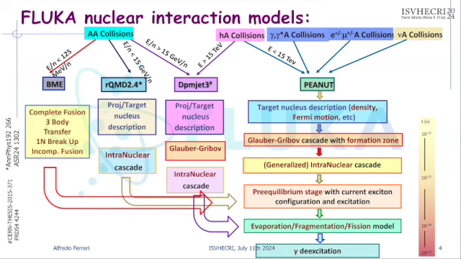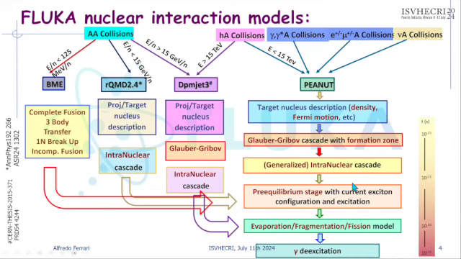So that's just a scheme, not very simple, of how the Fluka interaction models are combined together. We have a model called PEANUT that manages hadron-nucleus collisions below 5 TeV lab energy. It does also photonuclear, virtual photonuclear, electronuclear, muon photonuclear, neutrino interactions.